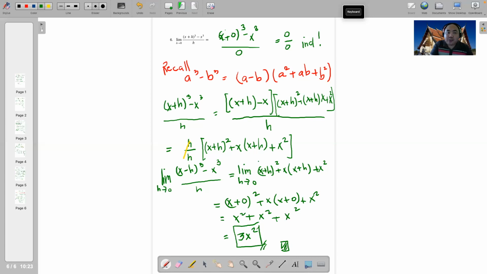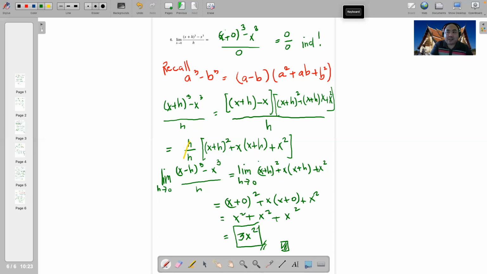Now, also in this problem, I'd like you to notice that not all limit problems will result in a number. In this case, this limit problem resulted in an algebraic expression, a monomial, 3x squared. Okay, so again, not all limit problems will result in a number.